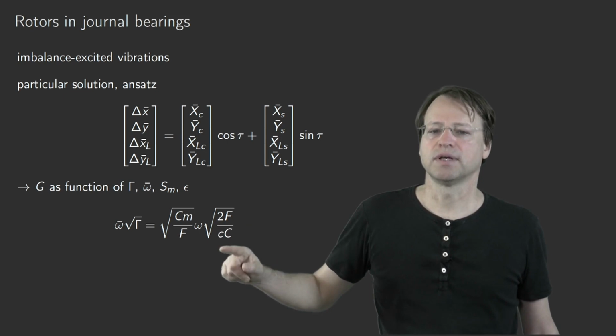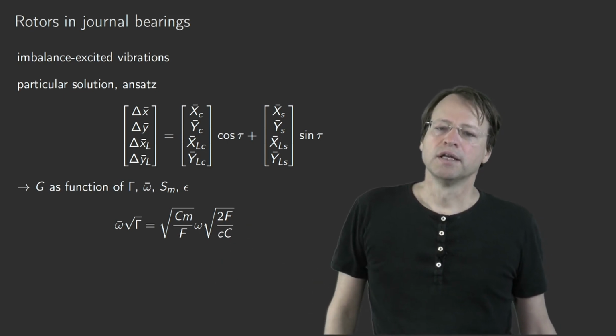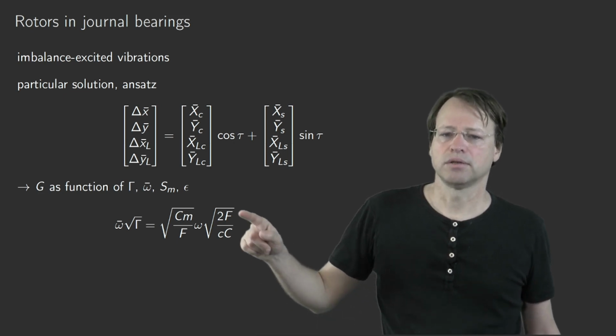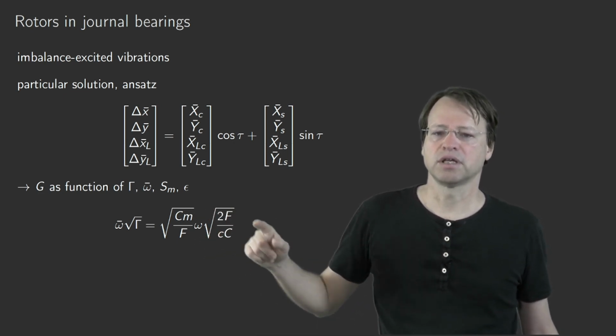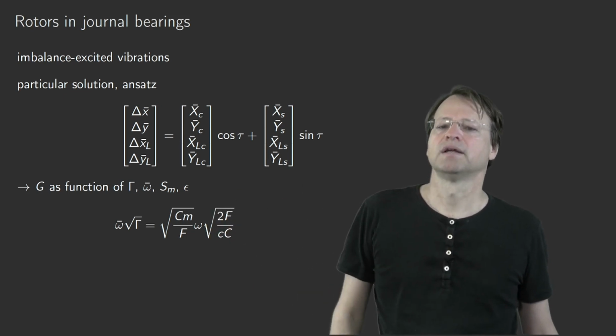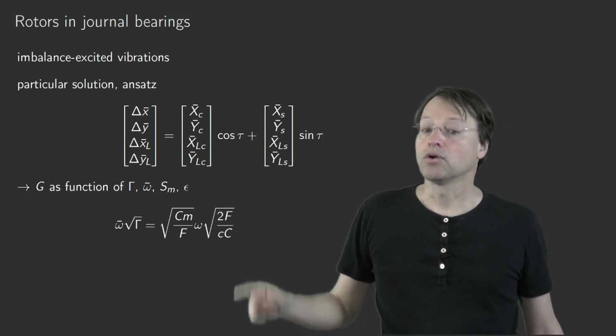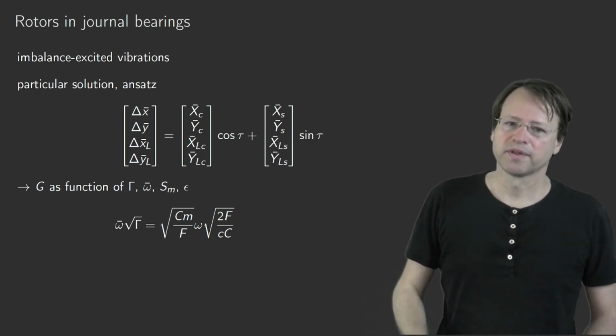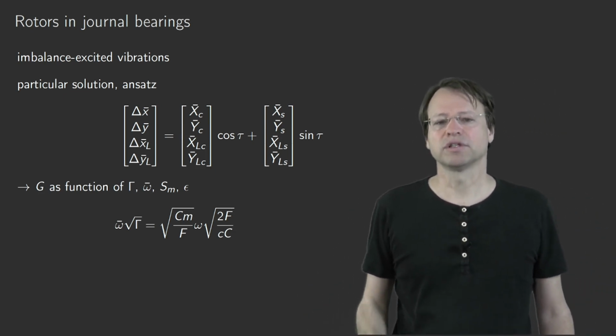As we take the square root, there is the square root here. If you do the computations, you see that the F goes away, and the same holds for the clearance, and you get a ratio of 2m divided by C. Now keep in mind that we always called the mass of the rotor, I know that's a little bit strange, 2m.